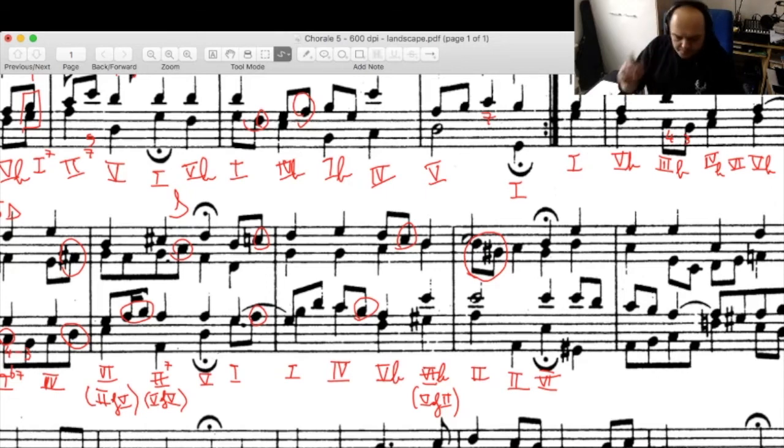So we're still in the tonic region here, tonicizing the subdominant region there, since A minor. A minor is the relative minor of C major, which is the subdominant.